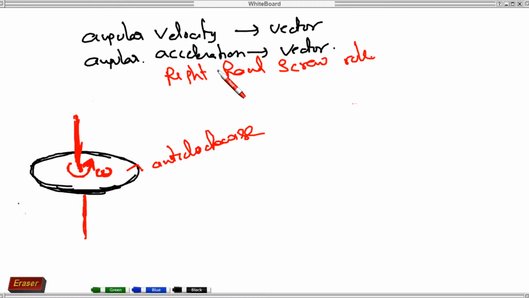Your thumb will show the direction of the angular velocity vector. So here it will be like this.